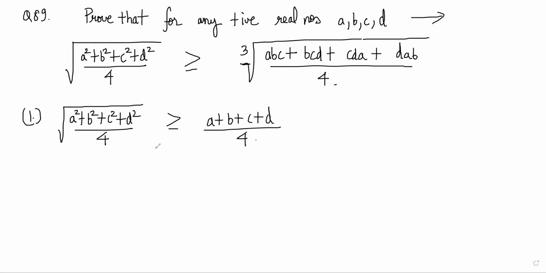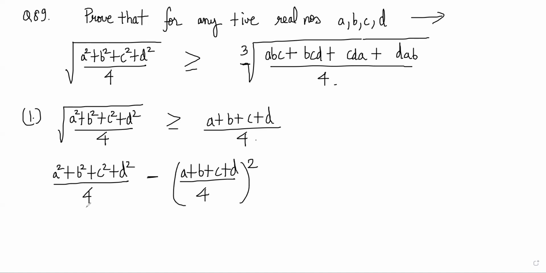So how do we prove this? What we will do is a simple simplification here. If this inequality is true, I can square both sides and take the difference of these quantities, and check the sign of this expression.